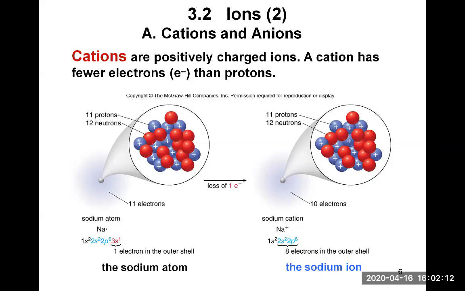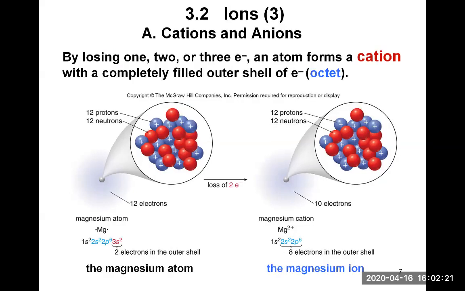It's much more stable than having one electron in its valence shell. So by losing 1, 2, or 3 electrons, an atom forms a cation with a completely filled outer shell of electrons, an octet. That's the goal of all elements when they become ions. They will reach this state where they have a full valence shell of 8 electrons.